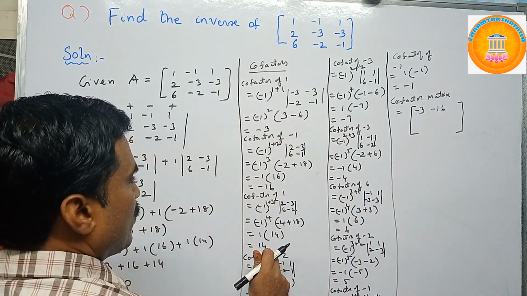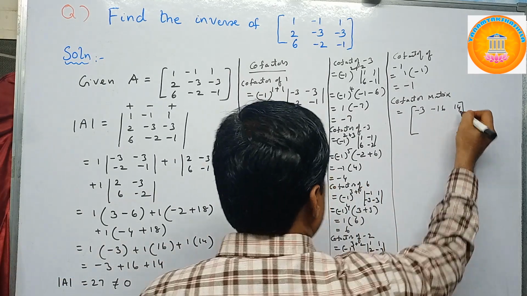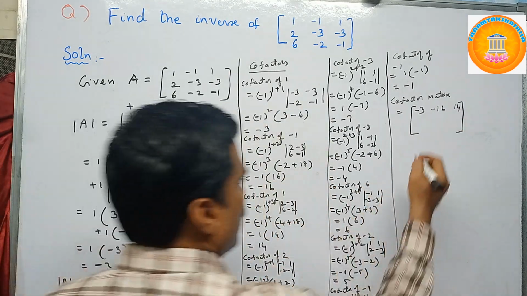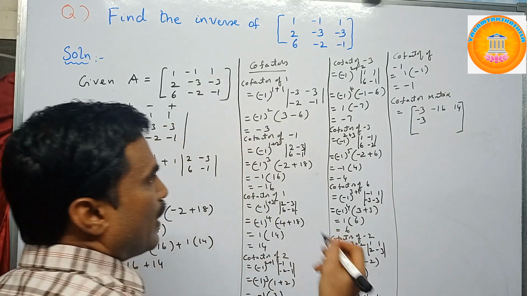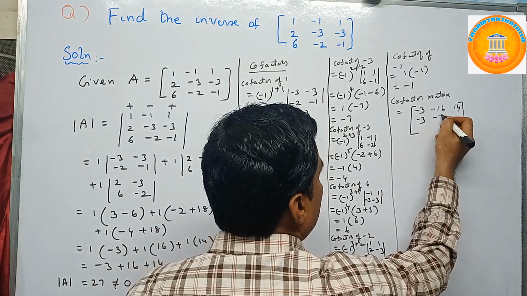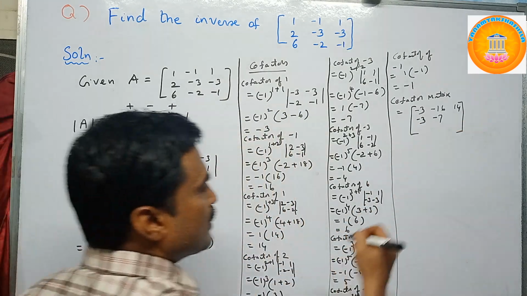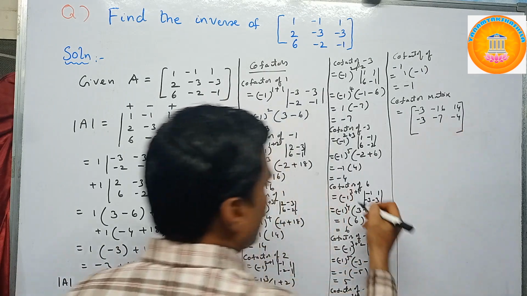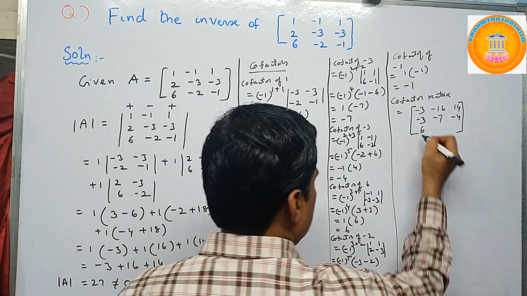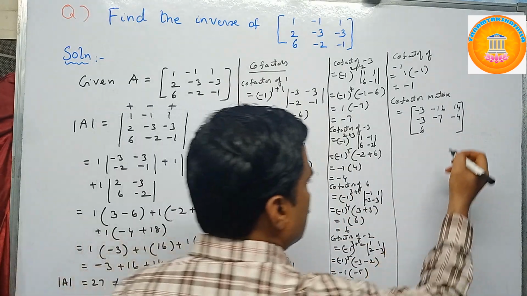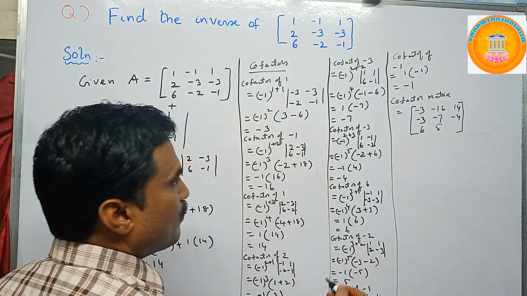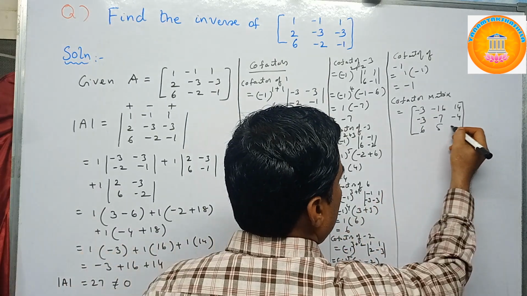Then cofactor of 1 is 14. Then cofactor of 2 is minus 3. Then cofactor of minus 3 is minus 7. Then cofactor of minus 3 is minus 4. Then cofactor of 6 is 6. Cofactor of minus 2 is 5. Cofactor of minus 1 is minus 1.